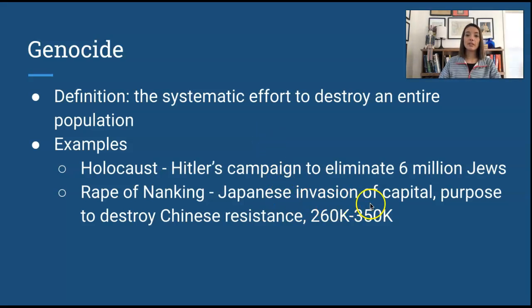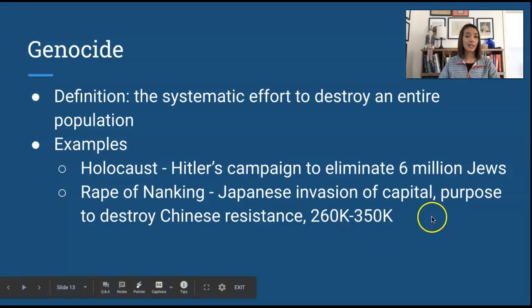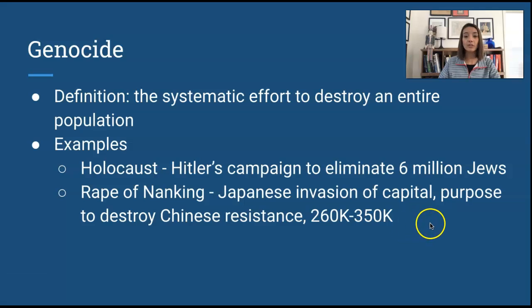This is the Japanese invasion of the capital of China, which was Nanking at the time, and its purpose was to destroy Chinese resistance. So this figure may look a little bit strange to you, 260,000 to 350,000.